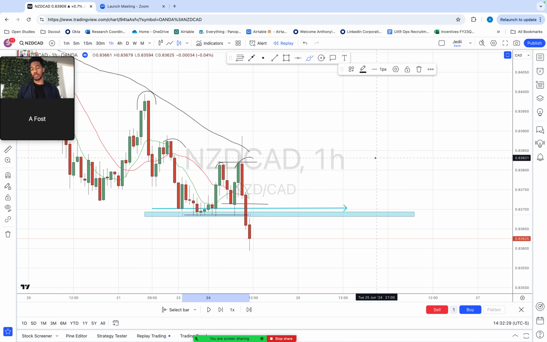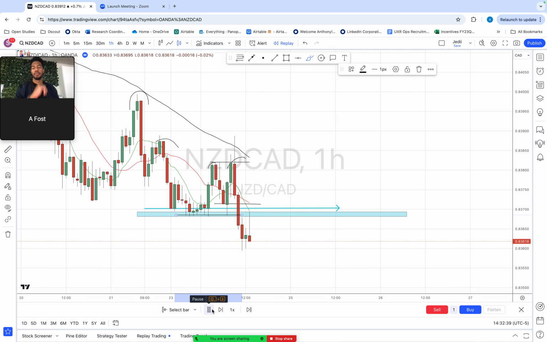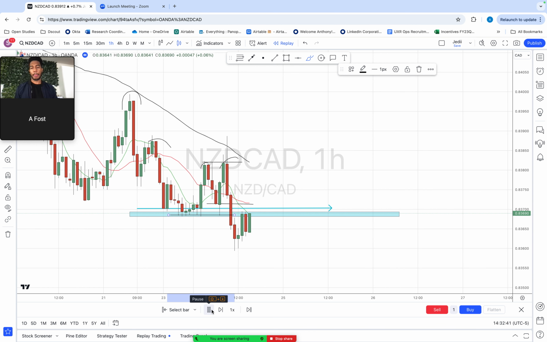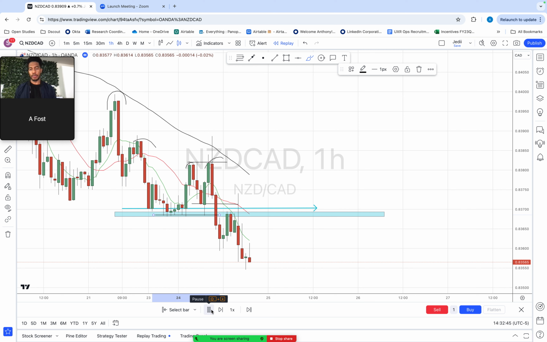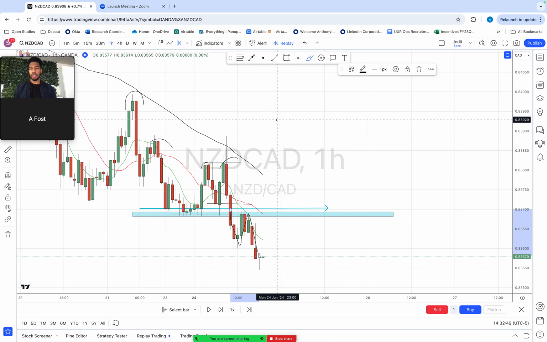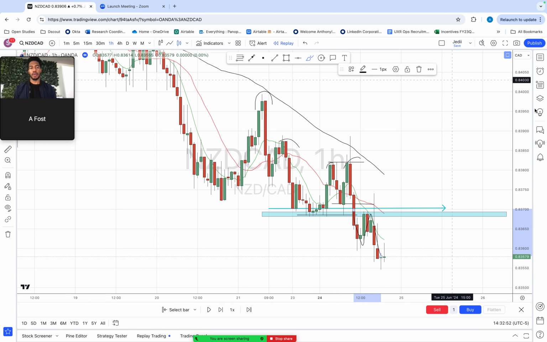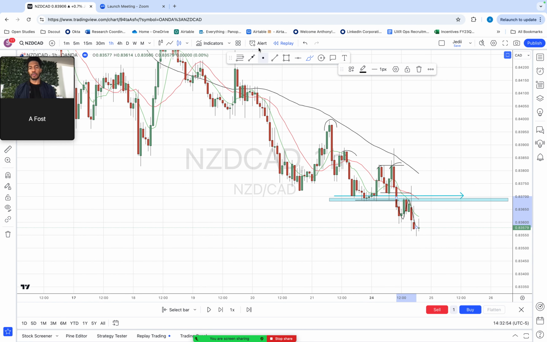I'm only looking for sells. This whole market is still bearish, okay? And then the market came back up, retested, came up here, retested, and then dropped. So that's a support breakout formation.